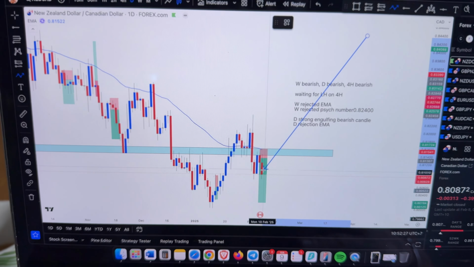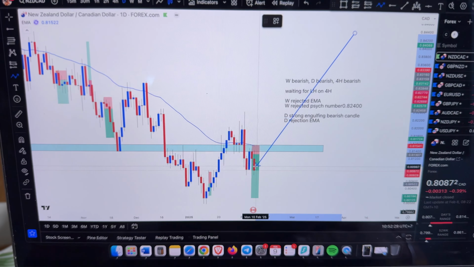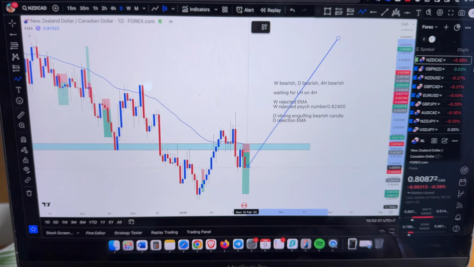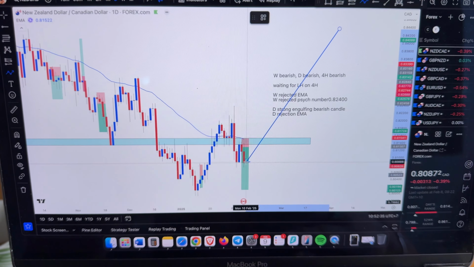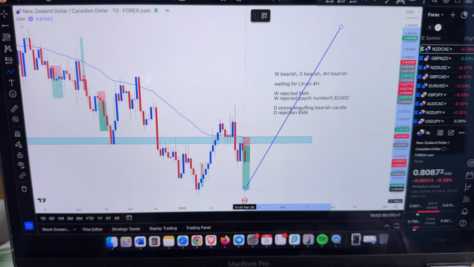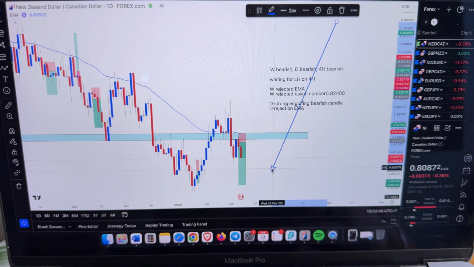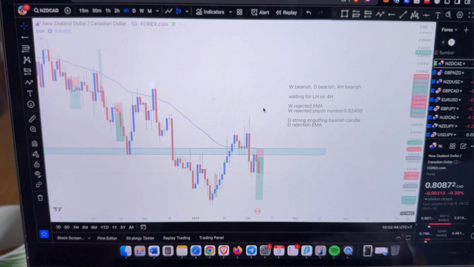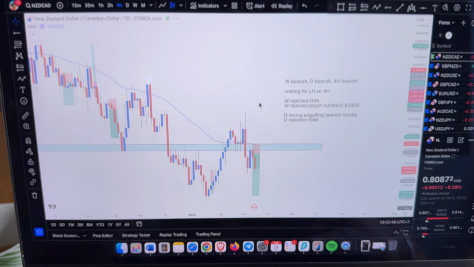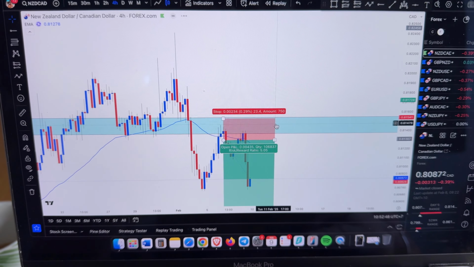So it was already Friday morning because I was traveling to Australia, so I was watching this trade, but I didn't want to close it yet because I strongly believe we're going to go all the way down here and potentially even lower. So if this happens, let's go on a 4-hour. Let's go, loading.